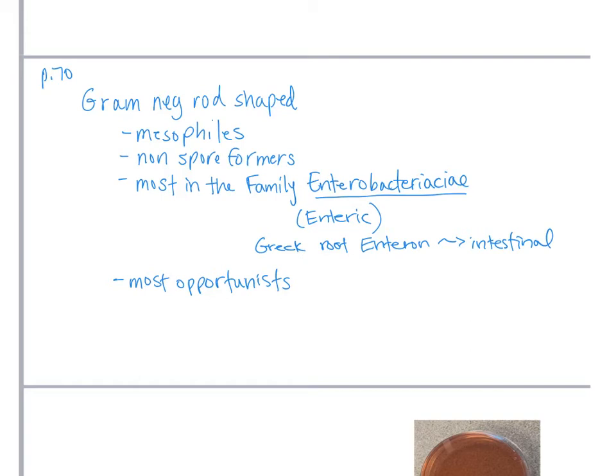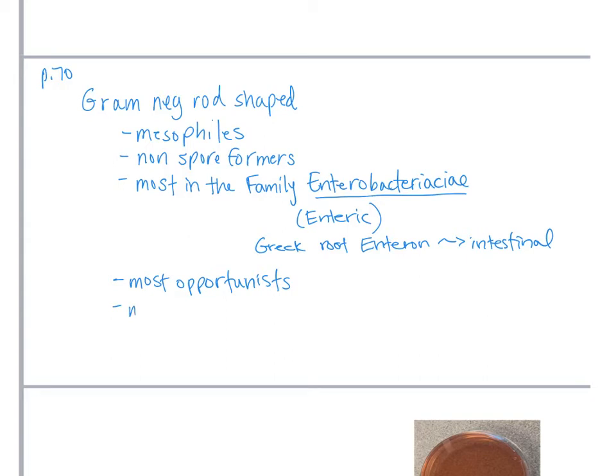Then yeah, they're going to cause some problems, some disease. Typically, unless the patient is immune compromised or there's some kind of wound infection, where the organism gets somewhere in the body that it doesn't normally belong, it's not going to cause a problem.